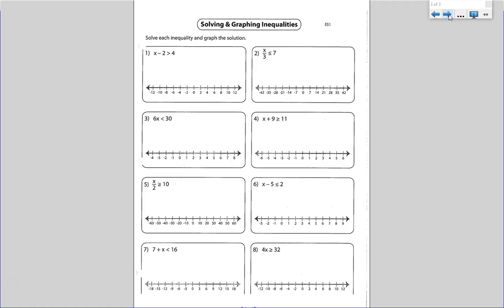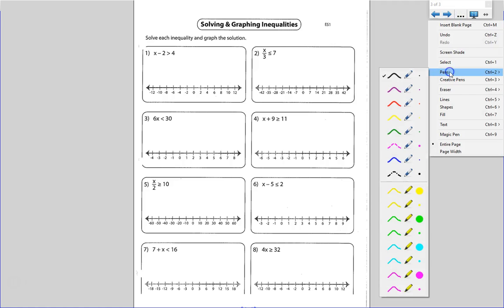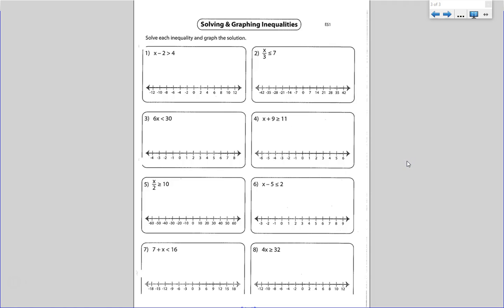So looking up here, I'm going to choose blue this time. Some of these problems are the same or very similar. So right here we would add 2 and add 2, and that cancels out, and we're left with x is greater than 6. This is where we pull in what we learned yesterday.